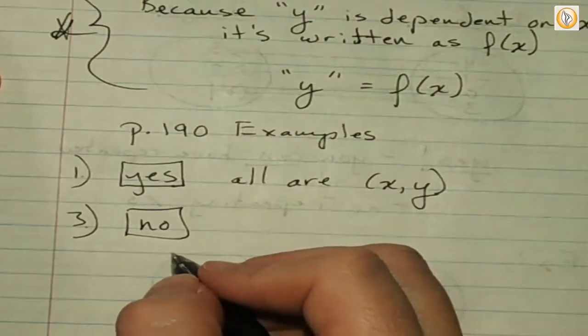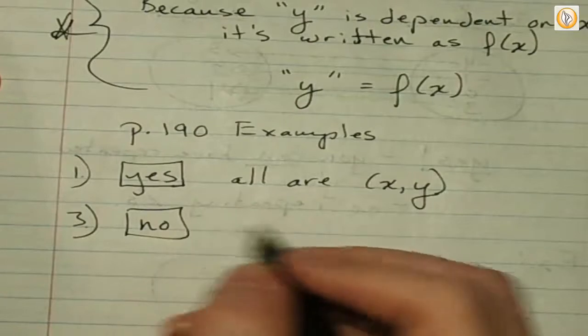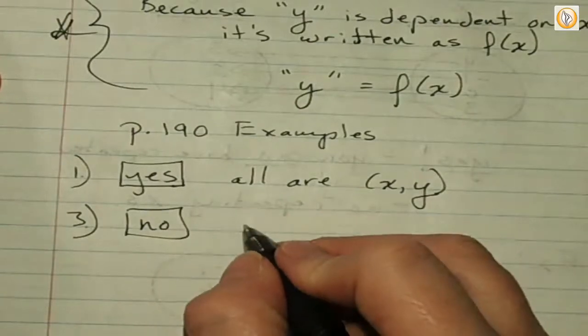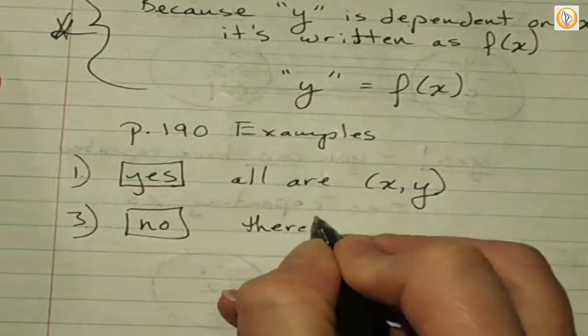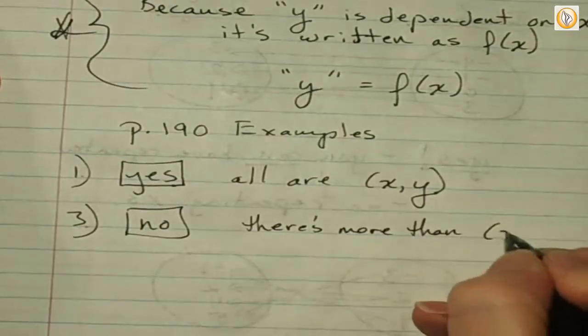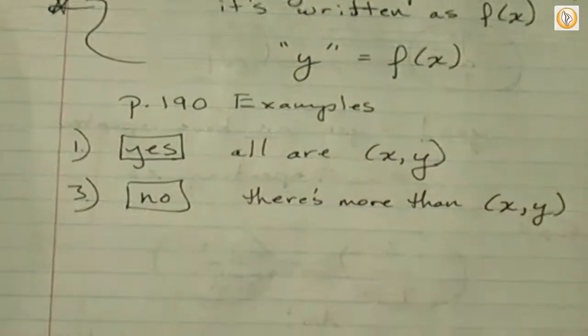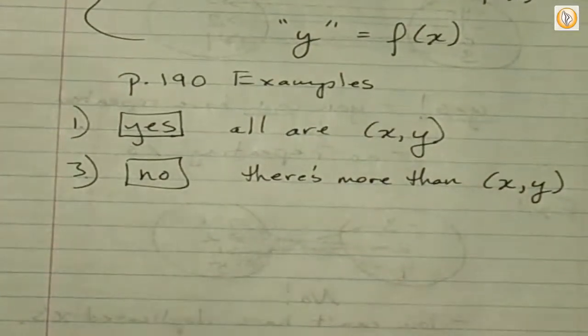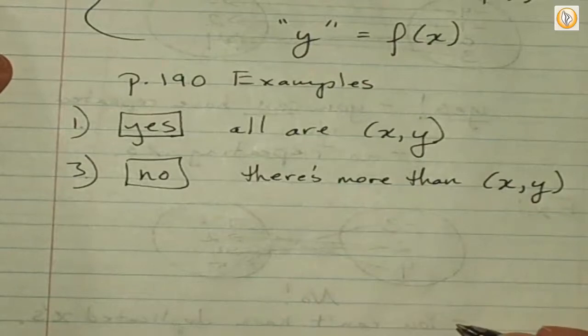Yeah, that's right. So number 3 is no. There's more than just your X and Y. You can only have X and Y. Remember, you can't have X, Y, and Z. Very good. Good job. Does everyone understand that?